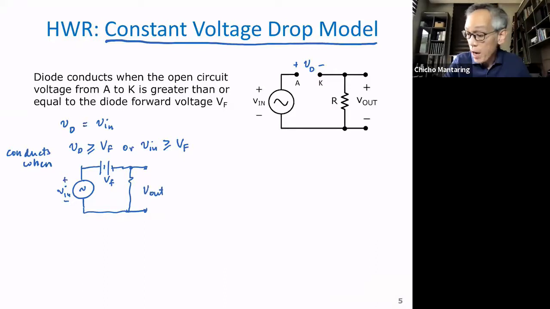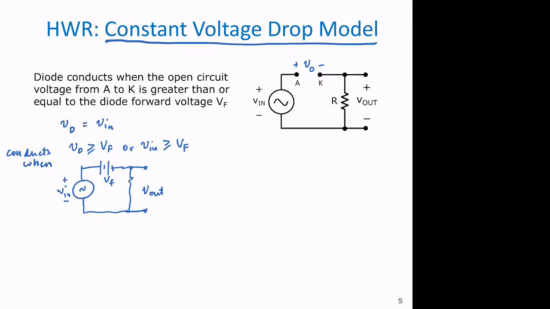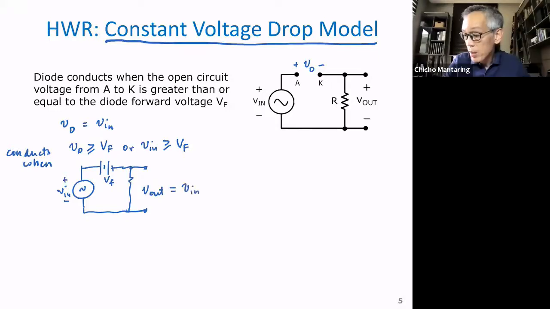So what is the value of V out? Anyone? No? I just want you to participate. So please, anyone, what is the value of V out? Sir, V in minus VF. Correct, no? V out is just V in minus V sub F.